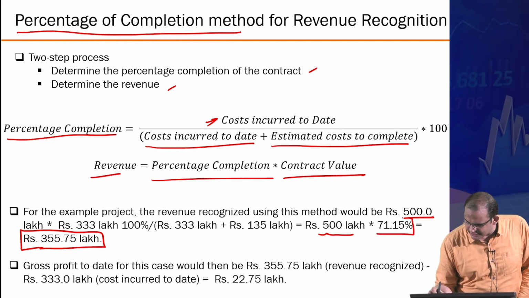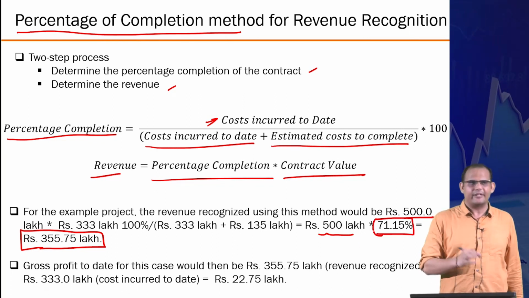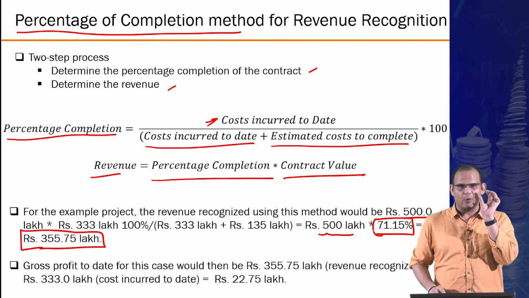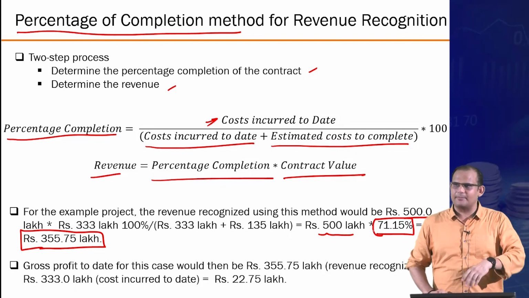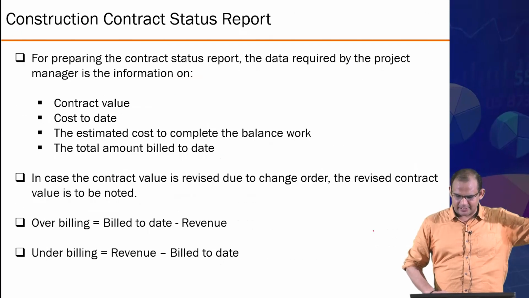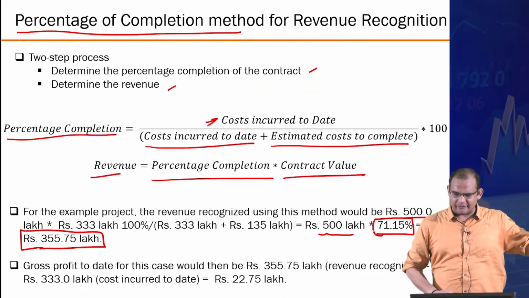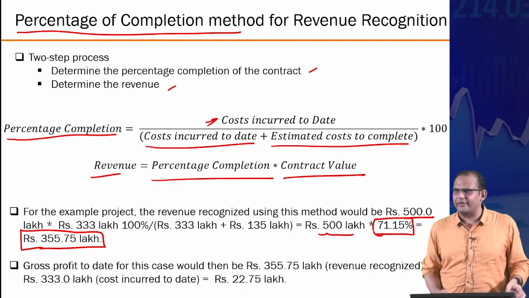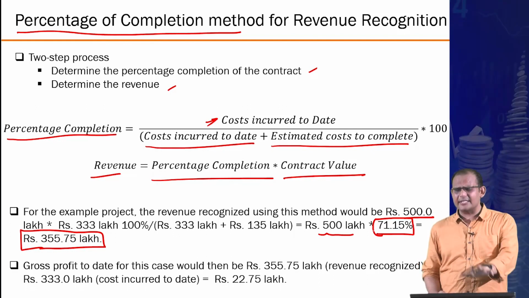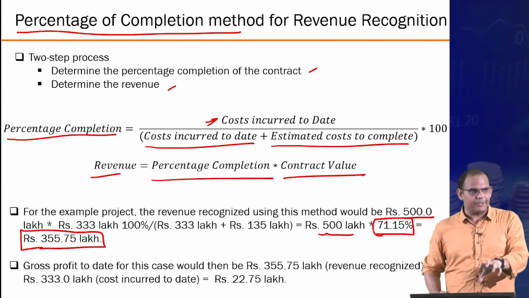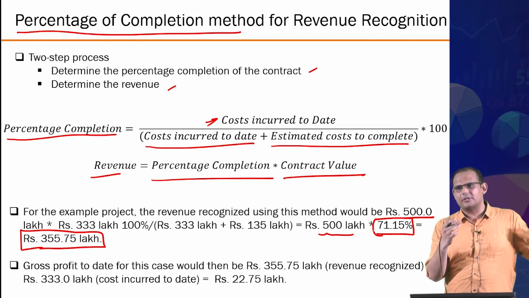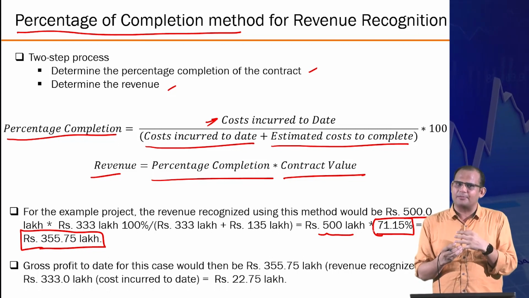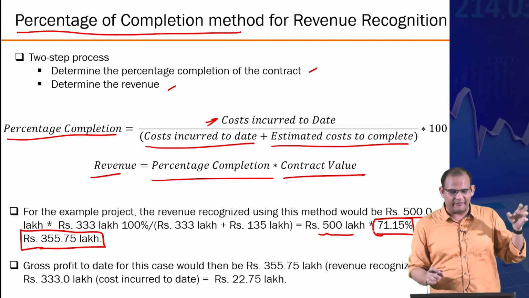The percentage completion is coming out to be about 72% or 71%. You can easily notice the difference in the quantity of revenue in this method versus the previous methods. In the previous methods you were dealing with numbers like 17 lakhs and 15 lakhs. Here you are dealing with a 355 lakhs kind of a number. This is a more true definition of revenue. Revenue is usually higher. That is more or less an estimate of how much margin you currently have.